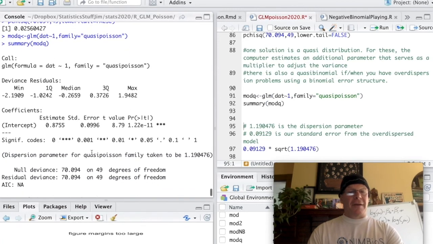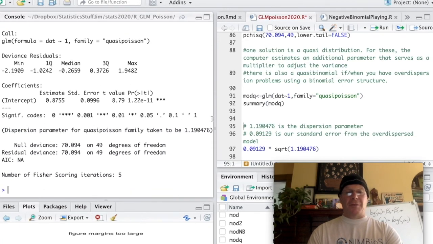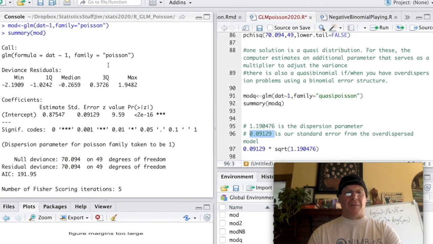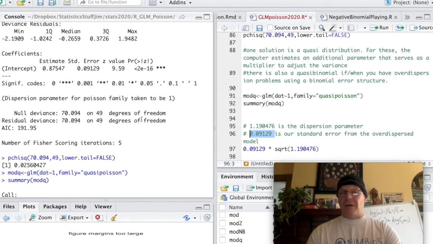And to demonstrate that that's all this dispersion parameter is, over here I've taken the dispersion parameter, and then this is our standard error estimate from the over-dispersed model, which again is our model based upon just a Poisson. So that's where that 0.09129 is from. Standard errors are in units of standard deviations, while deviance is in units of variance.